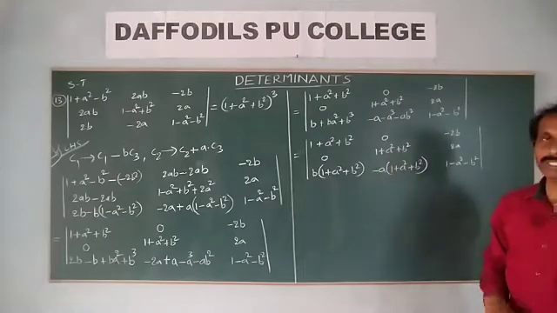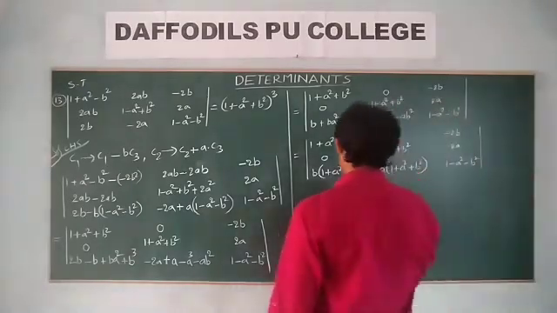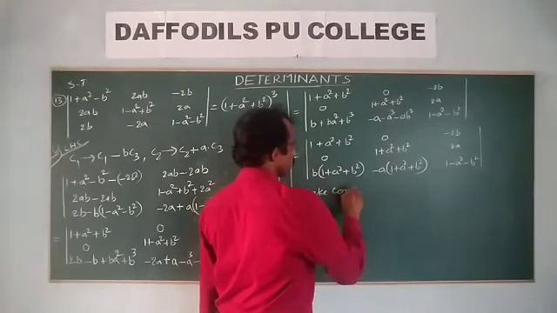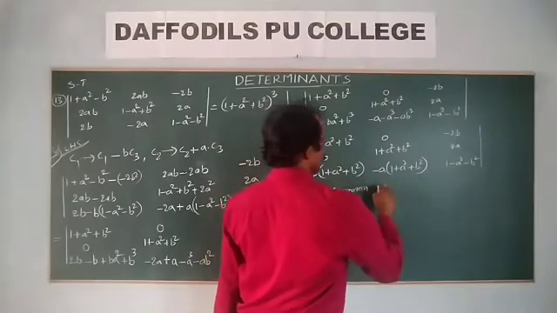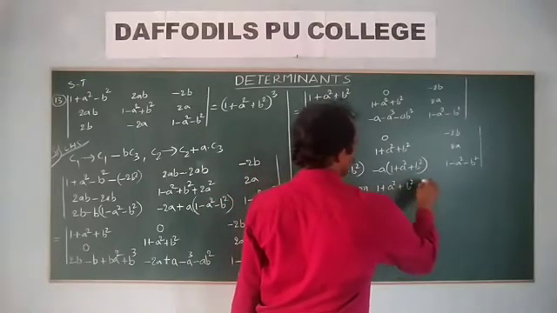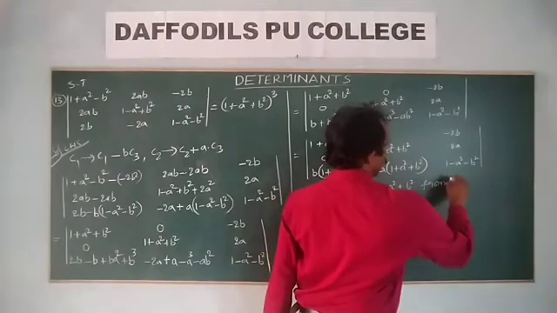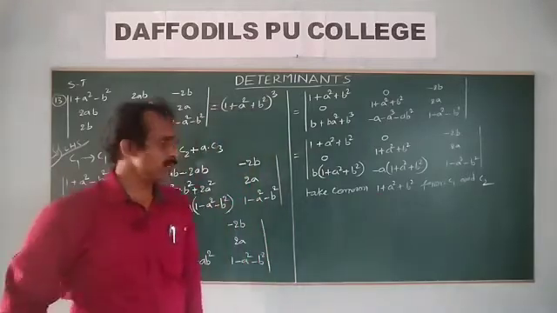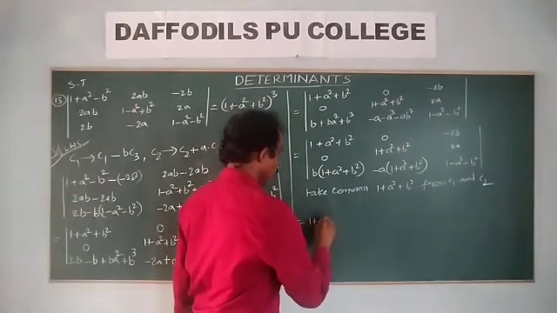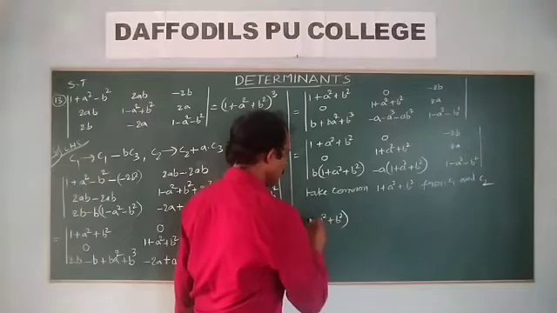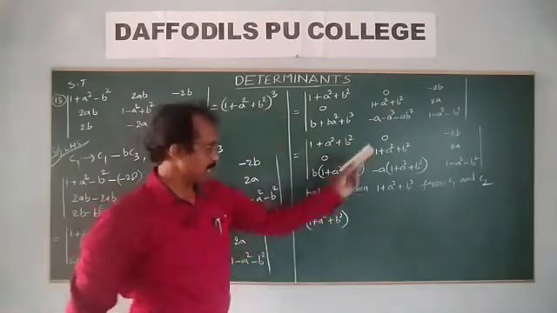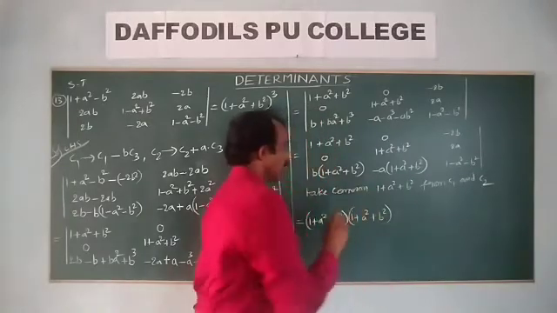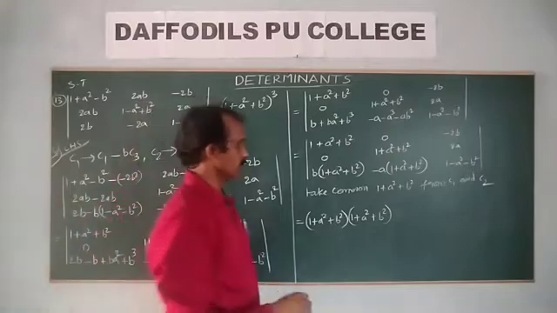From C1 and C2, 1 plus A square plus B square common, one time from C1 and next time from C2, okay, right?